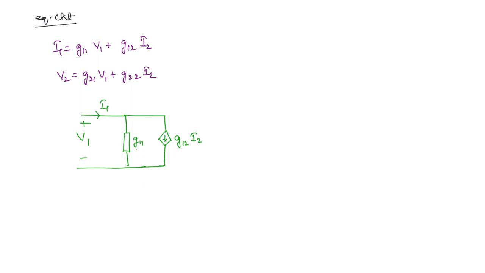What is G11 here? Remember, this is the admittance. So if you want to write in terms of impedance, you will have to write 1 by G11. Okay, and on the output side you will have series elements. So you will have a circuit element, current I2 will be flowing, G22 will be the impedance.